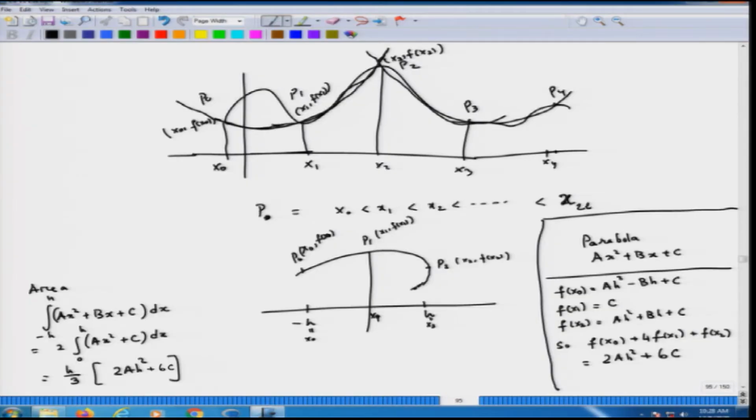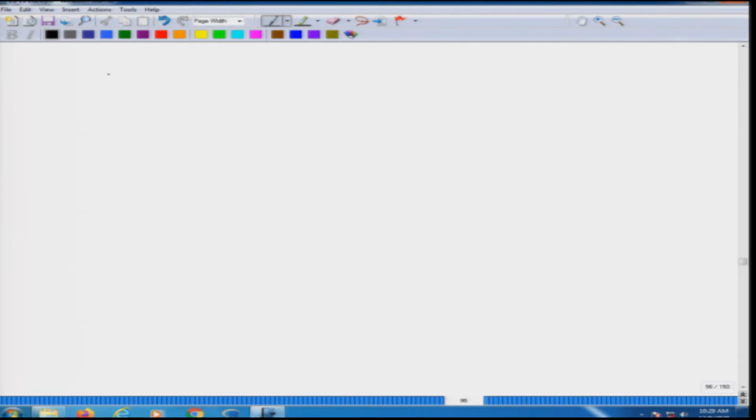Now, this is precisely what Simpson's rule says. Suppose we take any, let us say, P2, P3, P4. P2 is x2, f of x2, and P3 is x3, f of x3, and P4 is x4, f of x4.